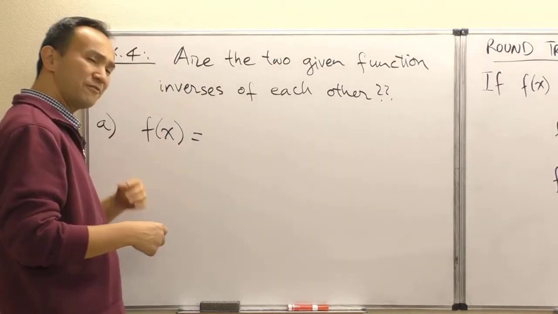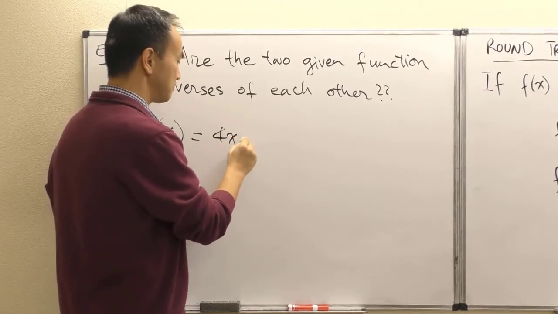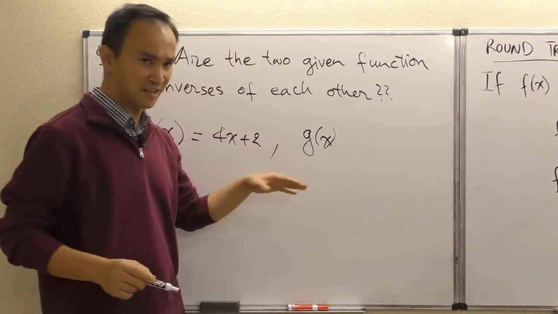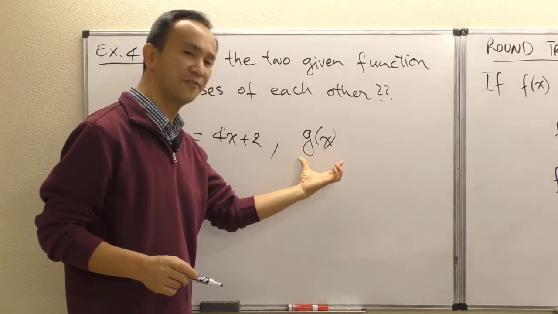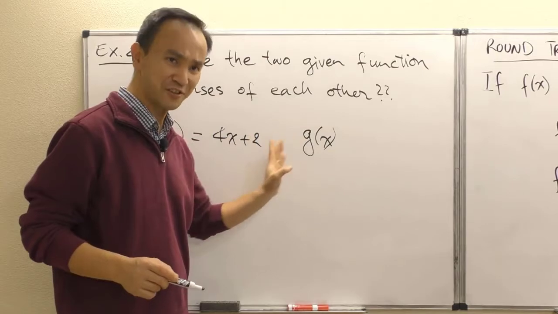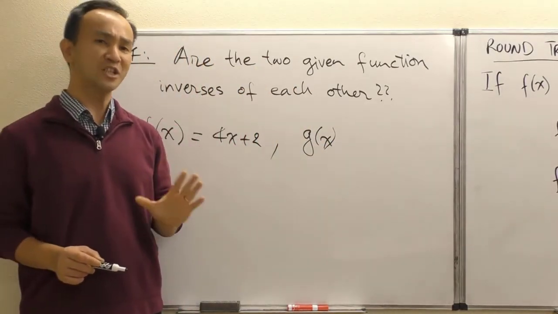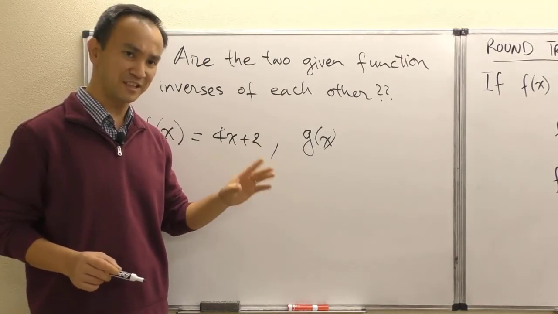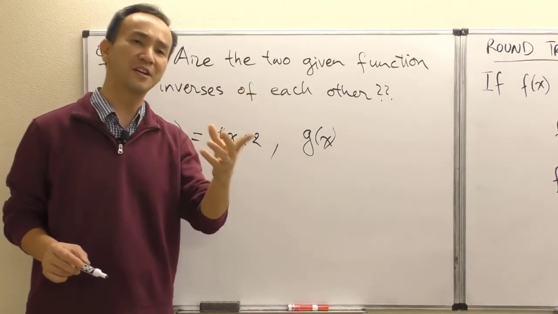So here I call one of them f, how about 4x plus 2? But then I have another function g of x. In this problem, it should be avoided to use f inverse here, because we don't know if they are inverses or not, and that's what we want to find out. Once we found out and verified, then yes, g can be the inverse, but that's all up to what we need to investigate right now.